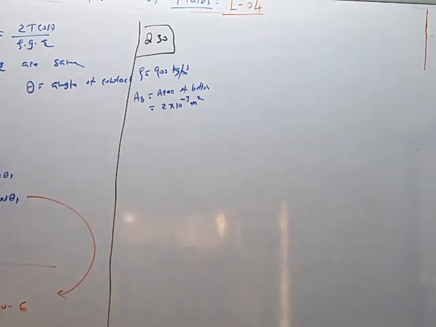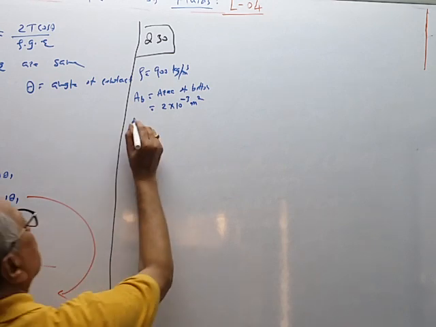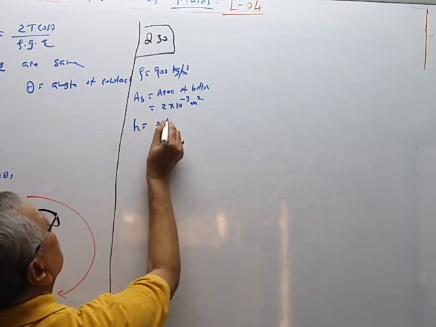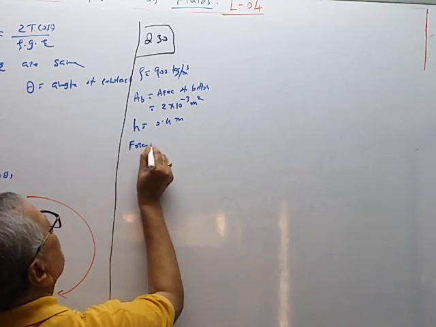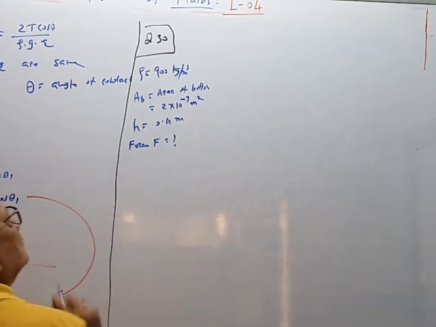Height h is given 0.4 meter. And we have to calculate the force F is equal to question mark.